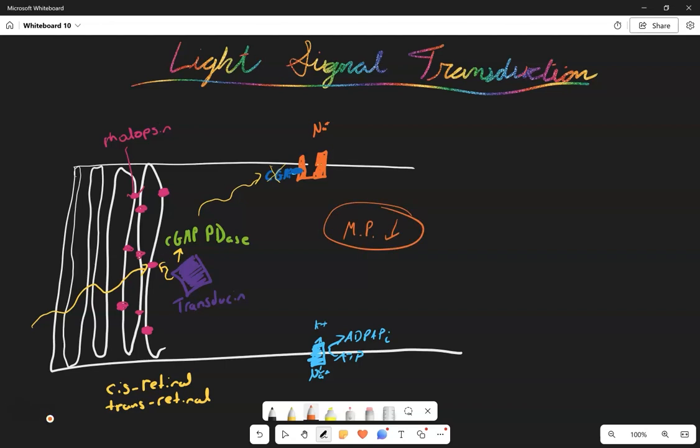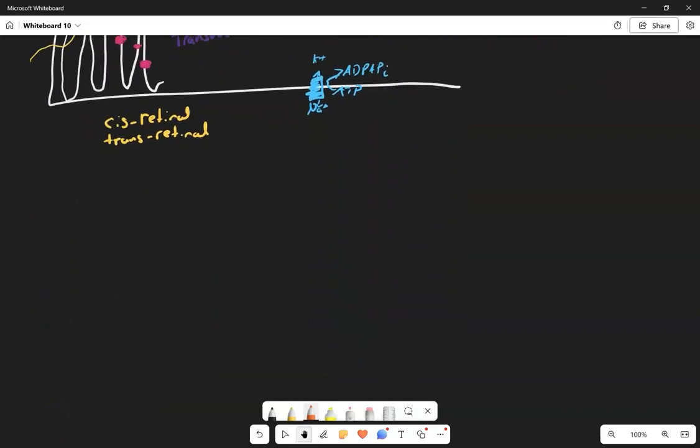That's a key component. We've always talked about how action potentials are generated when the membrane potential goes up. But here we're saying when light is present, our membrane potential goes down. So let's take a minute and look at this interaction between our rod and the bipolar cell.